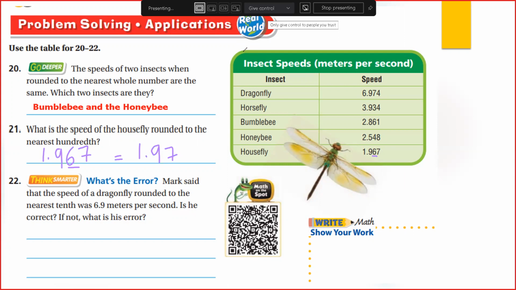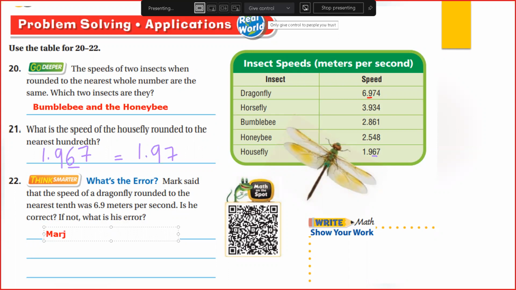Mark said that the speed of the dragonfly, this one, rounded to the nearest tenth is 6.9. Is it correct, yes or no? So it's wrong. How it must be?